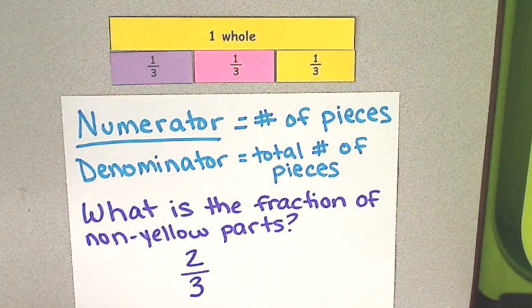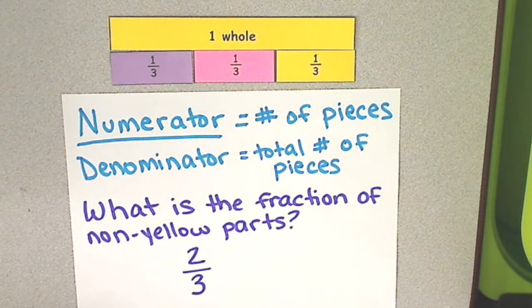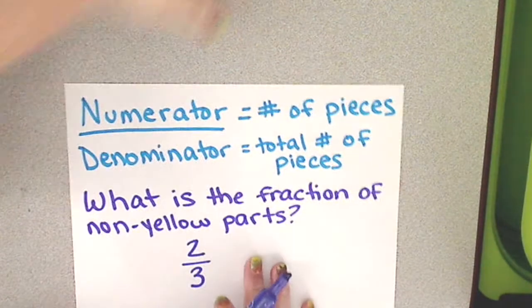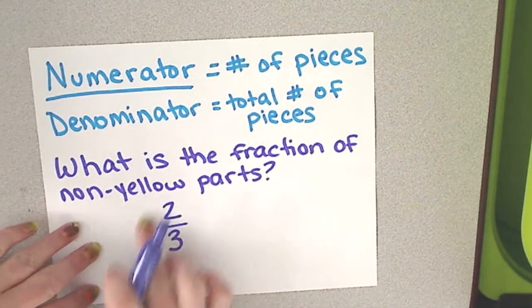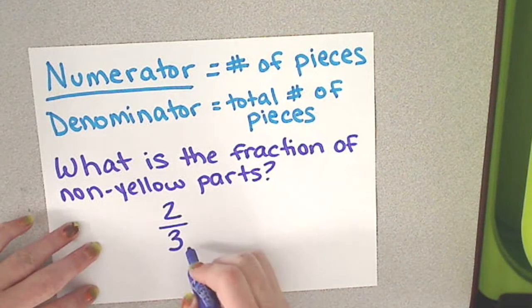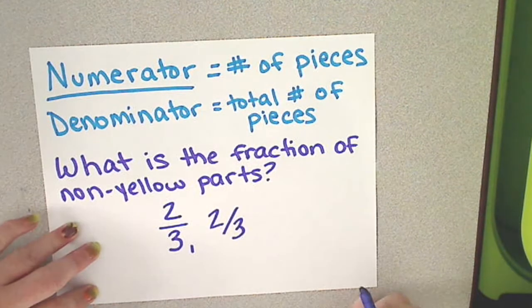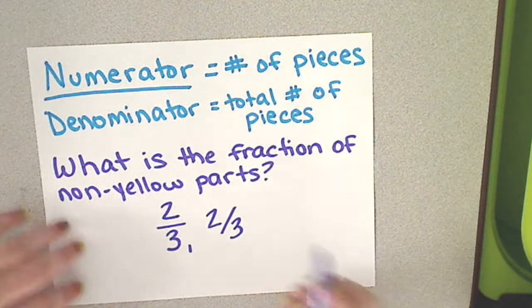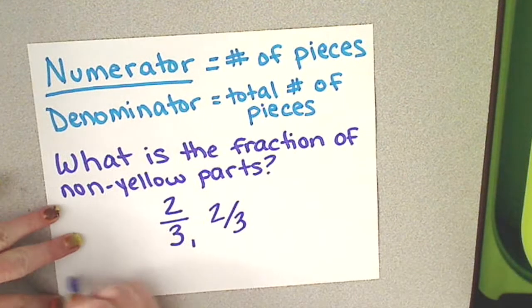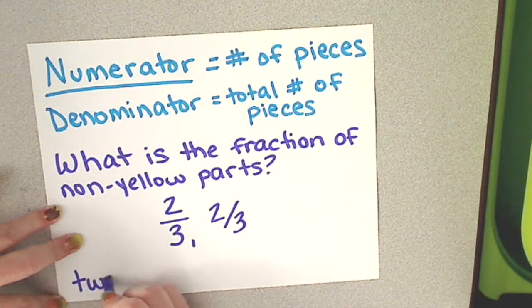You also need to realize that 2/3 can be written multiple ways. 2/3 can be written as a fraction this way. It can be written as 2 out of 3. It can be written as 2/3.